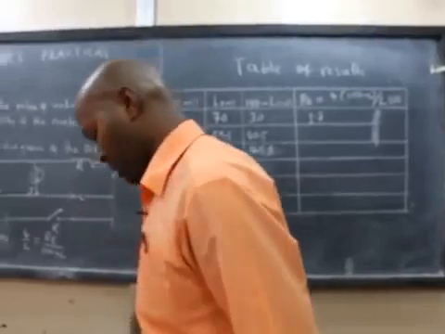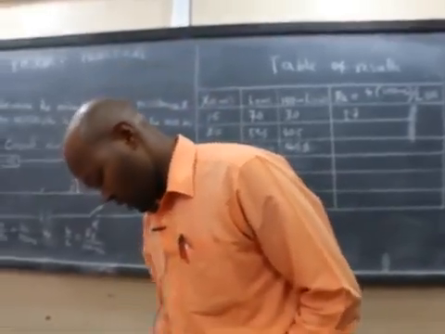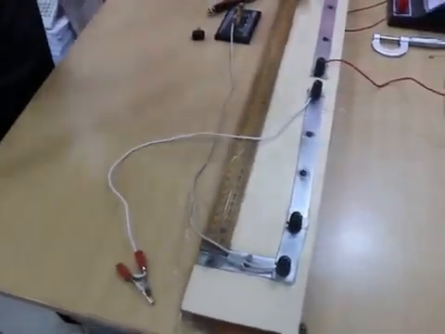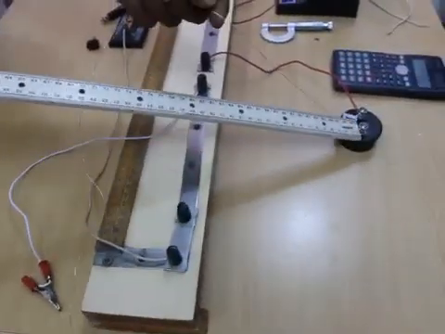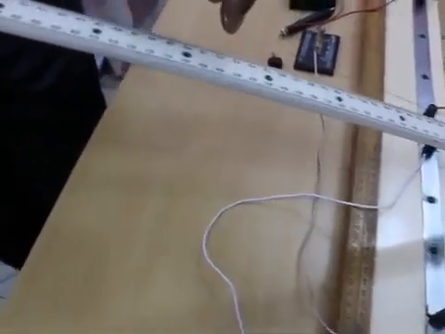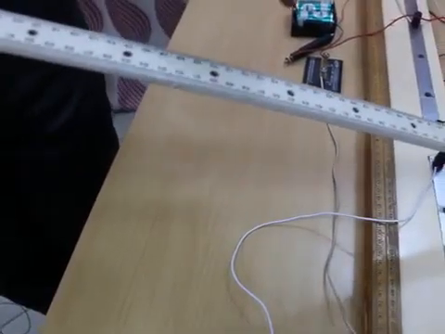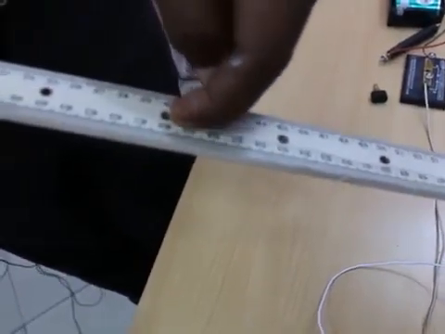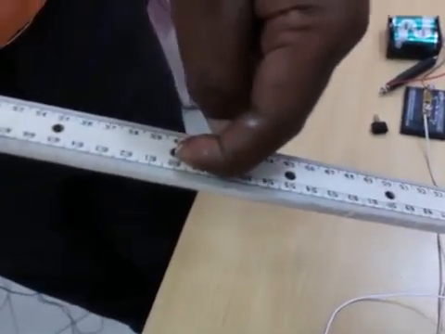That is the fourth experiment, when length is now 60 centimeter. Now let's proceed with the length now 60 centimeter. Using a meter rule, let's measure 60 centimeter. Somewhere there. Okay, make a fold. 60, yes, exactly 60 centimeter.